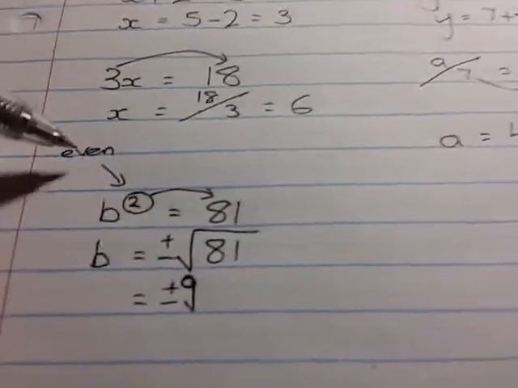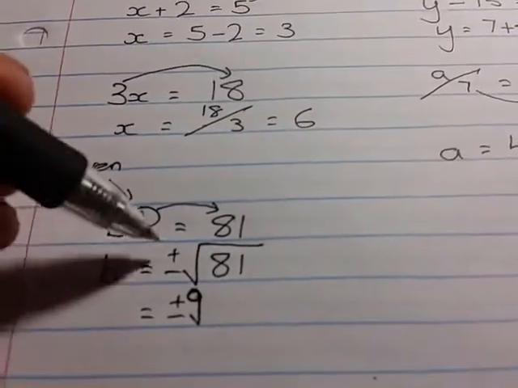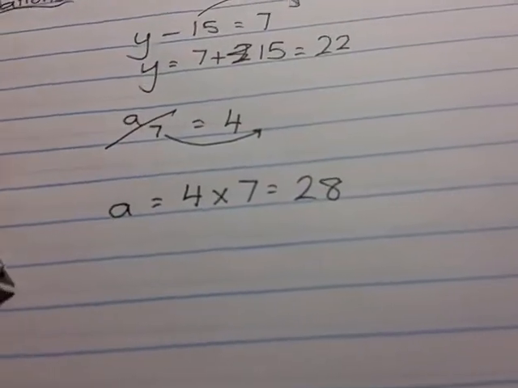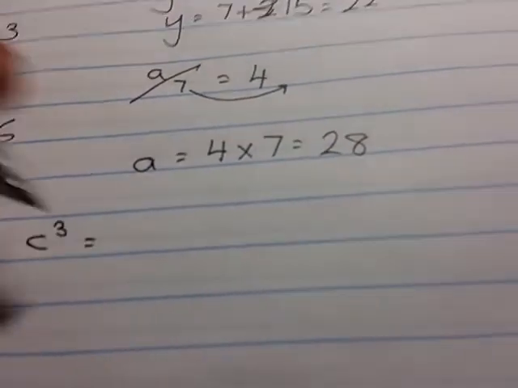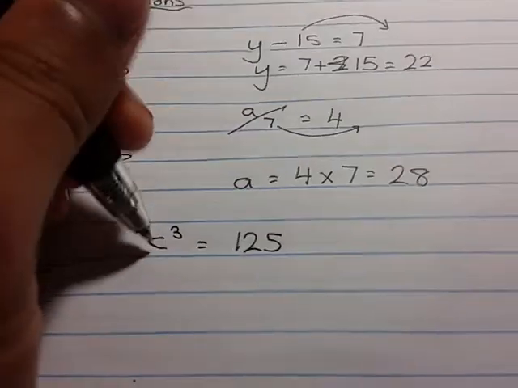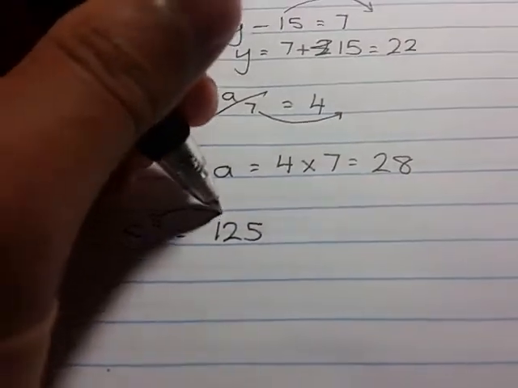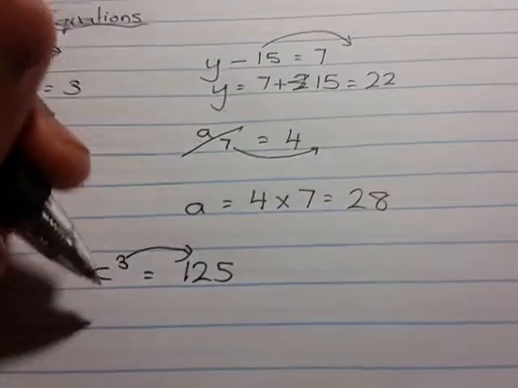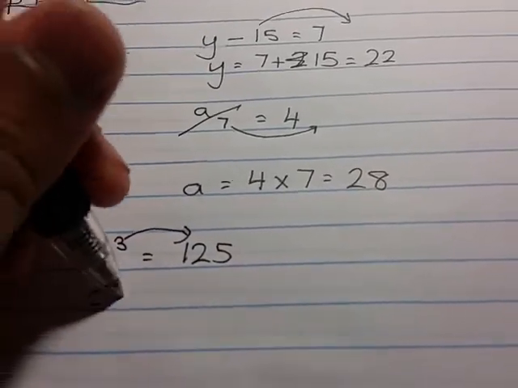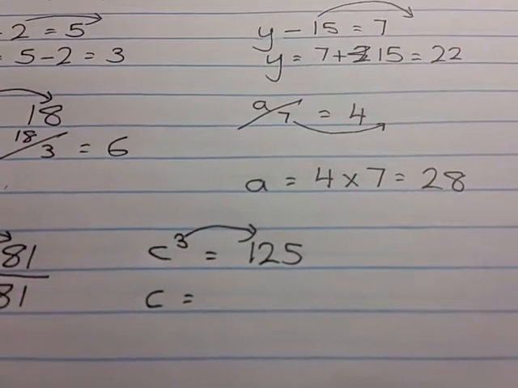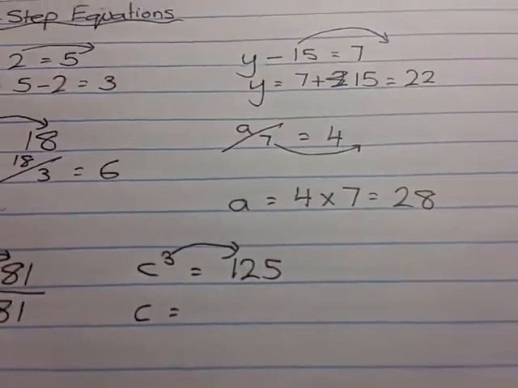But remember, you only do the plus minus if your exponent is even. If you had an odd exponent, like for example, c to the power 3 equals 125, keep the c on the left hand side, move the 3. The opposite of being raised to the 3 is the third root.